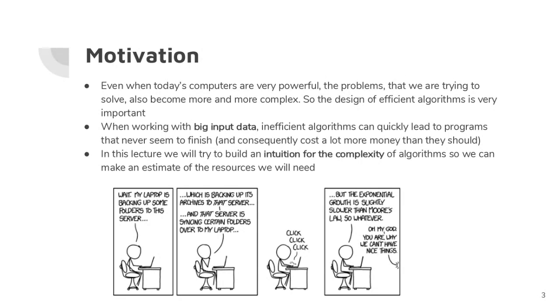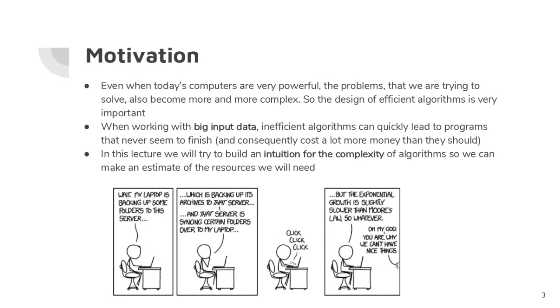But often with a more efficient algorithm, you can really go from hours to minutes, or from minutes to seconds, or from seconds to milliseconds. So that's also important financially, because in the cloud, if you rent different servers, that obviously costs money.